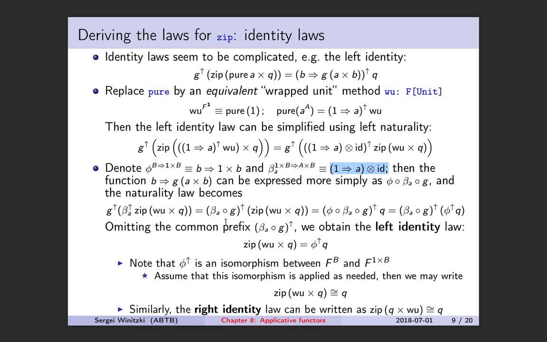Now, clearly, beta A can be composed with G and then lifted, because that's just a functor law that we can lift after composition.